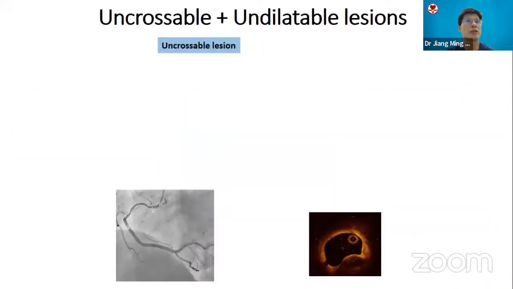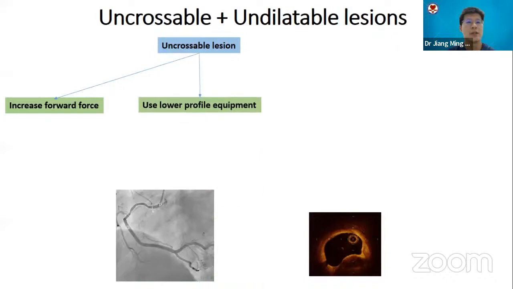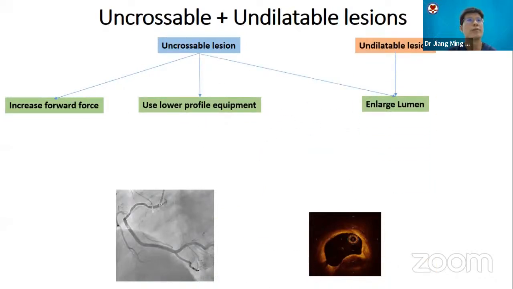As the major causes for lesion uncrossability include vessel bends and severe calcium, several methods may be used to overcome these challenges. Broadly, I will group them into methods that increase the forward force, use lower profile equipment, or enlarge the lumen.